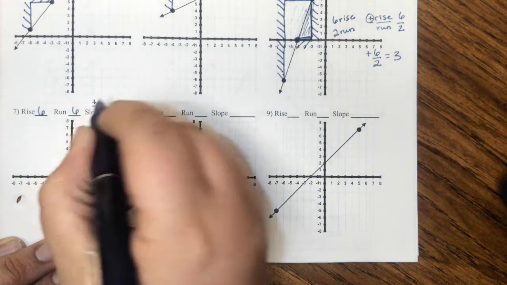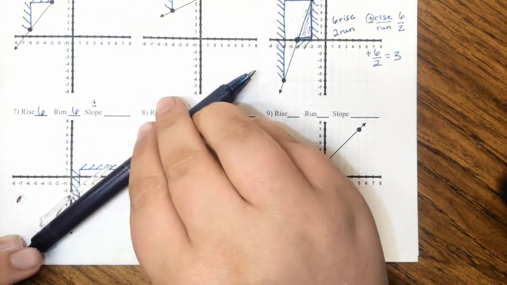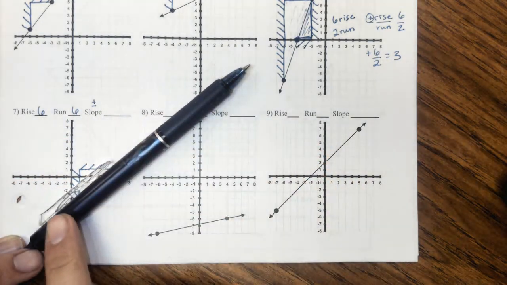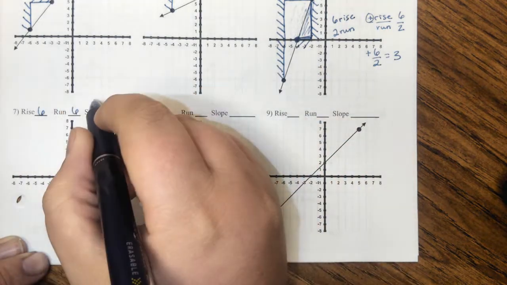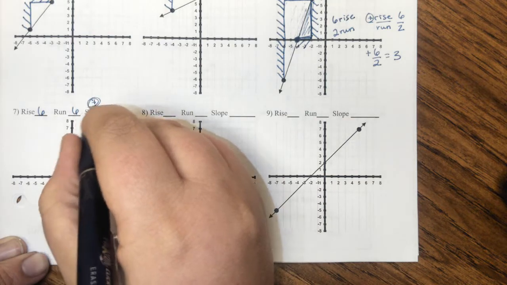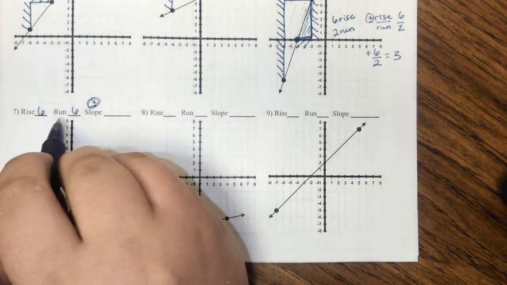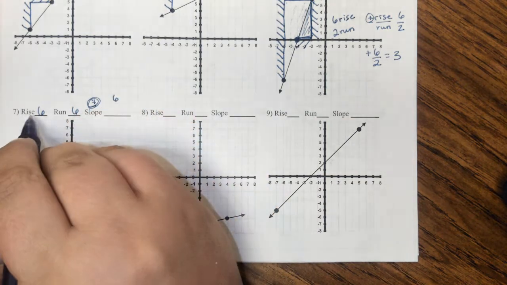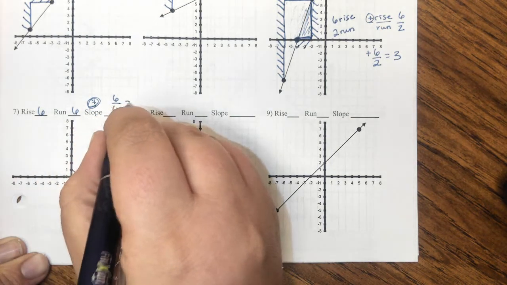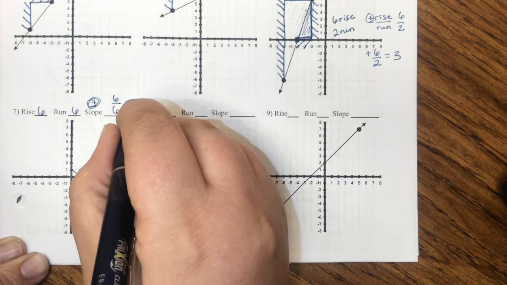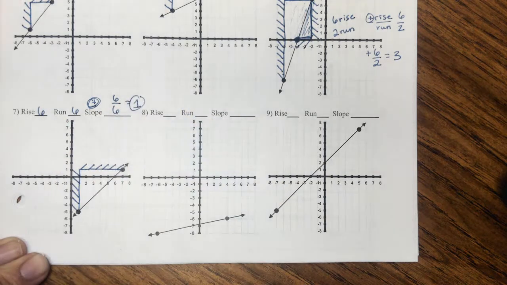Slope is positive or negative, rise over run. Reading from left to right, this line goes up, so I'm picking positive. And rise over run is 6 over 6. This is positive 6 over 6, which is the same as positive 1.